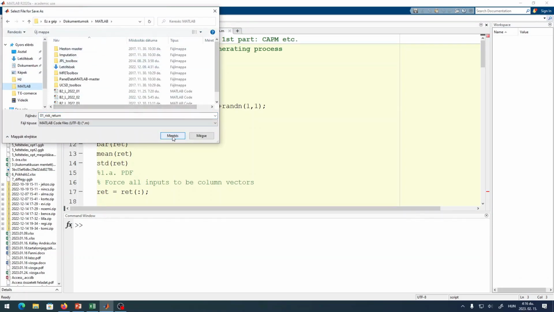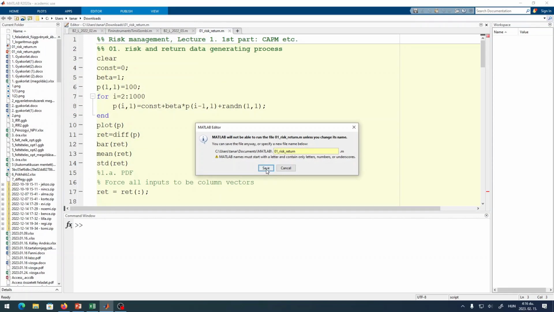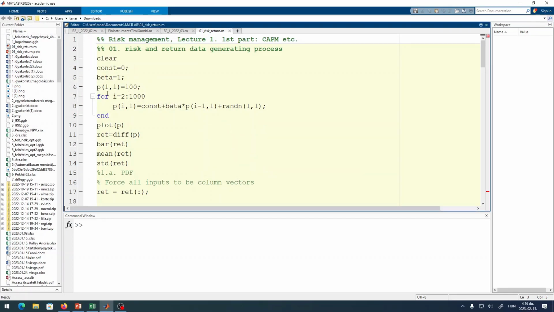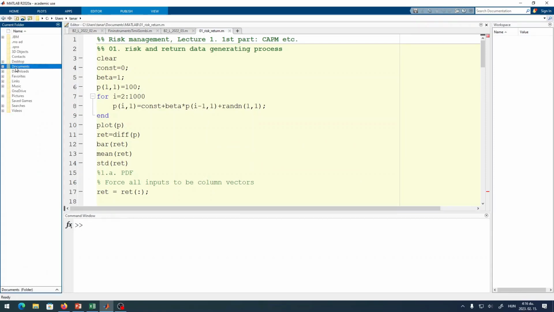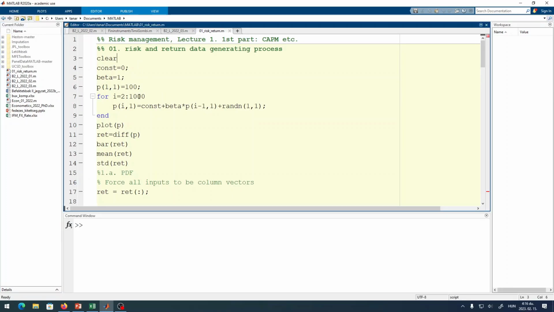So documents, Matlab. And this is the workspace where we are putting all the outputs and interim calculations, and this is the command window where it communicates with us.